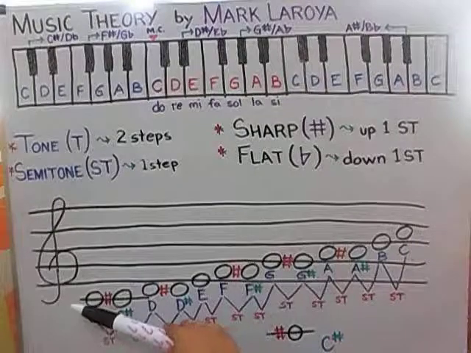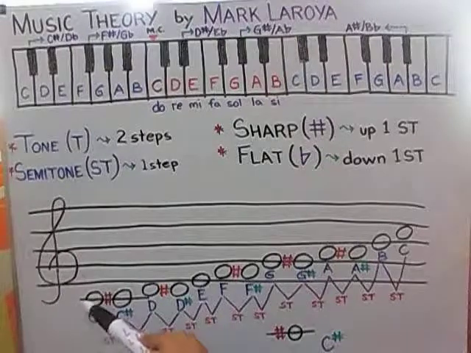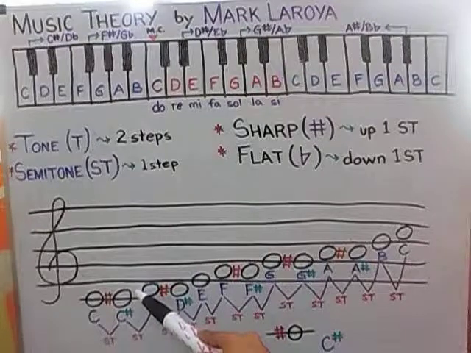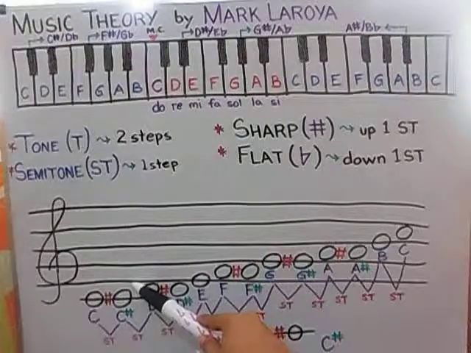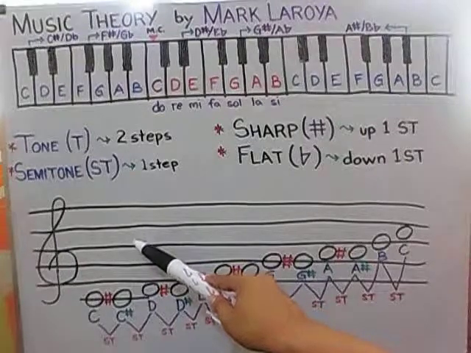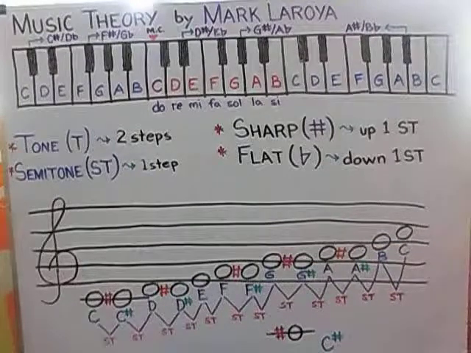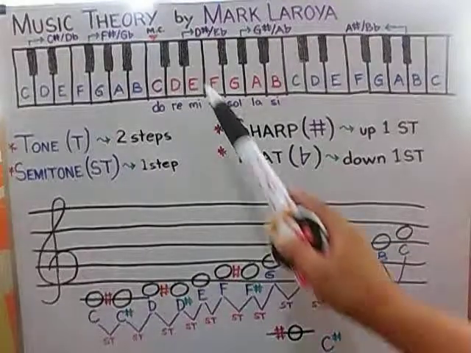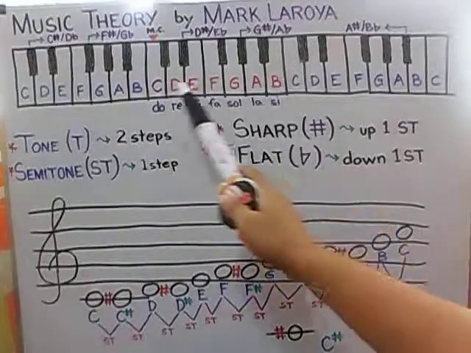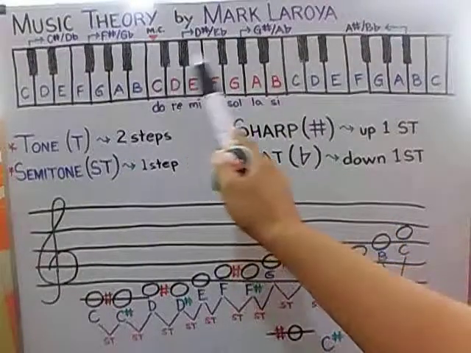Now, if we go to our staff using the G clef, this ledger line here is C. The space is D, E, F, G, A, B, C, and so on and so forth. Now, if we notice, there are 7 major keys on the white keys: C, D, E, F, G, A, B. But there are only 5 black keys.